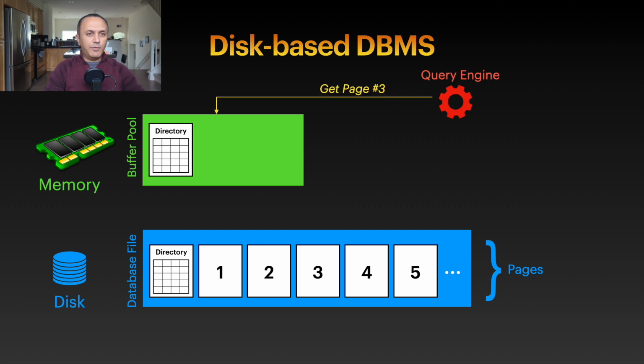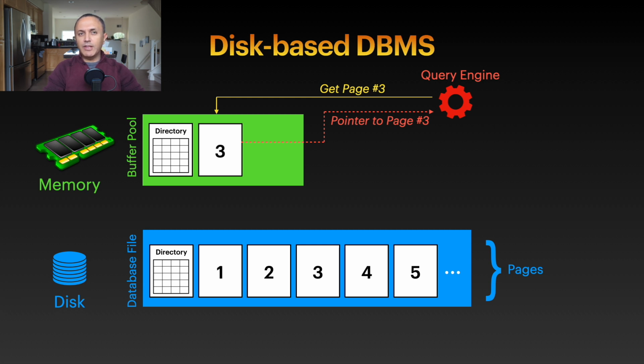As part of the query processing, it asks for page number 3. So we look in the memory, we can't find it in the memory, so we have to get it from disk. We'll figure out how we locate a certain page and all that. But at a high level, let's say we find it. So we're going to bring it from disk into memory. That's a disk I/O. And then hand over a pointer to that page to the query engine.